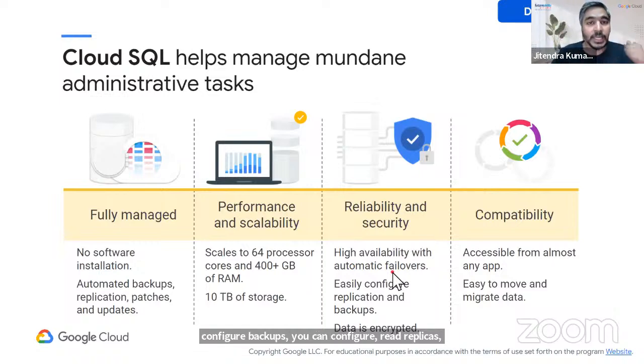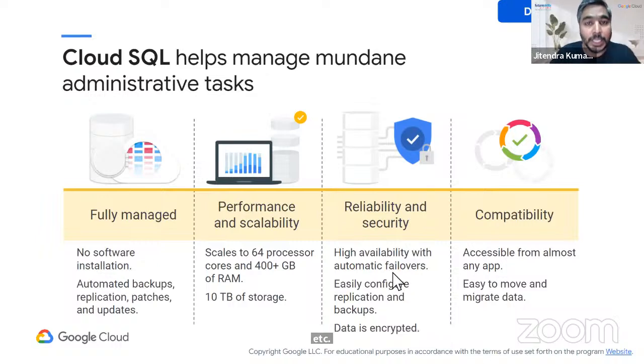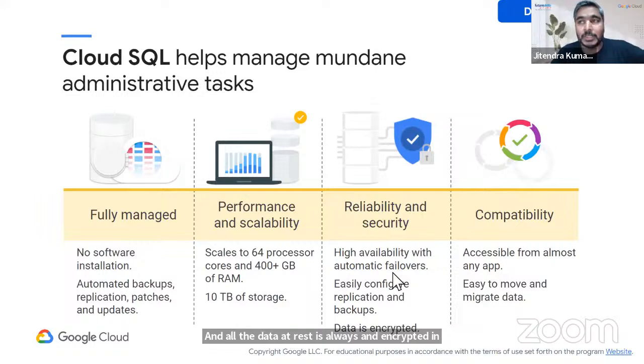And all the data at rest is always encrypted in Google Cloud. So very similar to Cloud Storage Bucket we spoke about earlier. In Cloud SQL or in Spanner or all other databases that we will talk about, all the data is always encrypted. What you do is you decide how you want that encryption to happen.